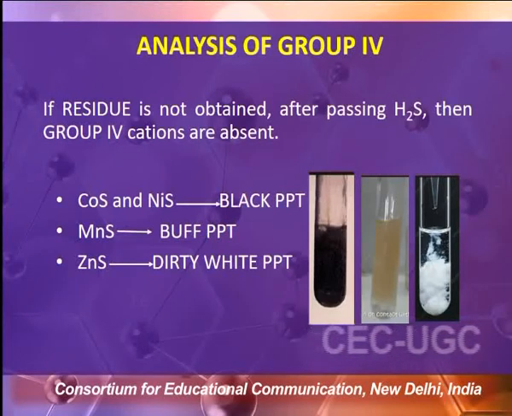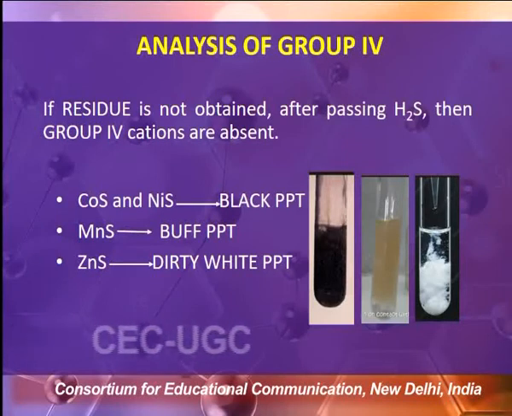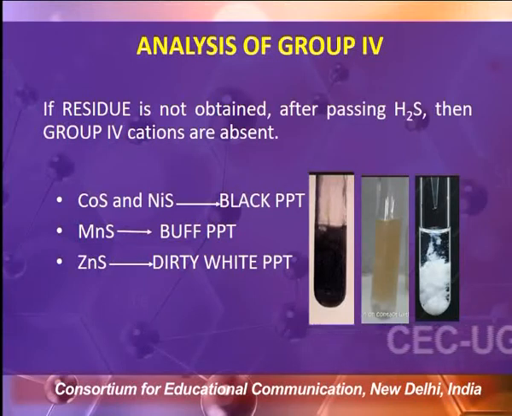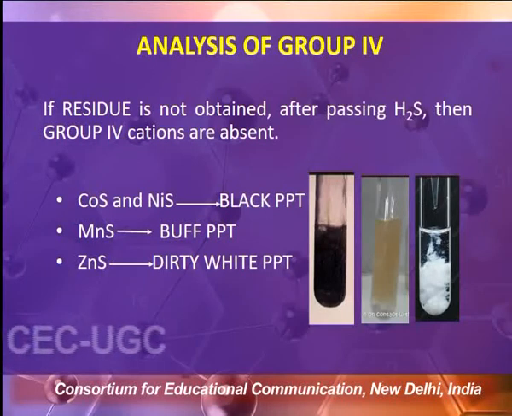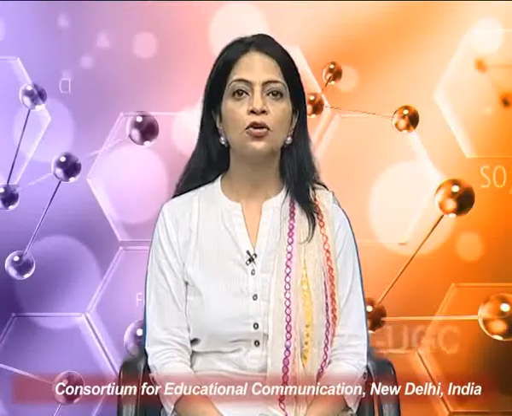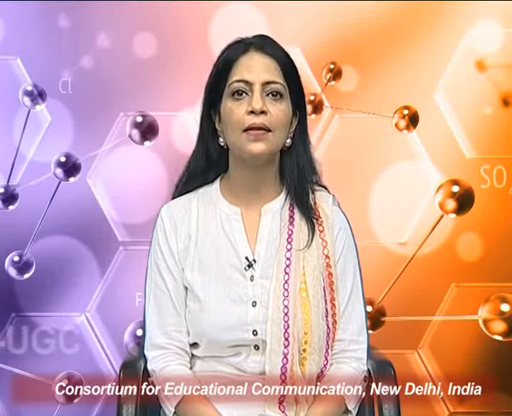But if the residue is buff in color, buff means light pink in color, then that means manganese sulfide has precipitated out. And if the residue obtained is dirty white in color, then that means zinc is present in the mixture as zinc sulfide.